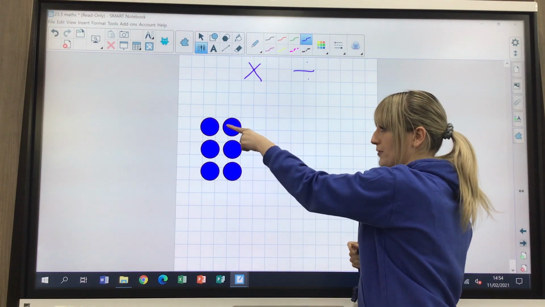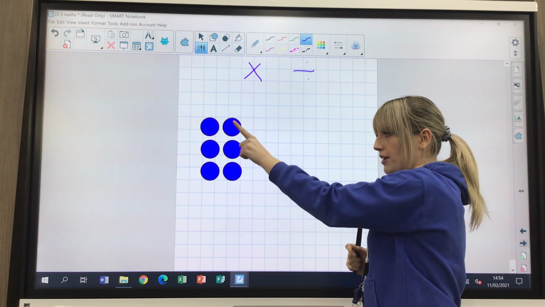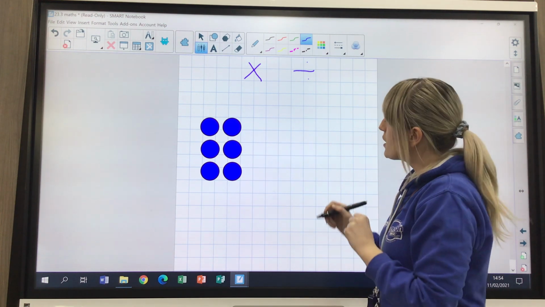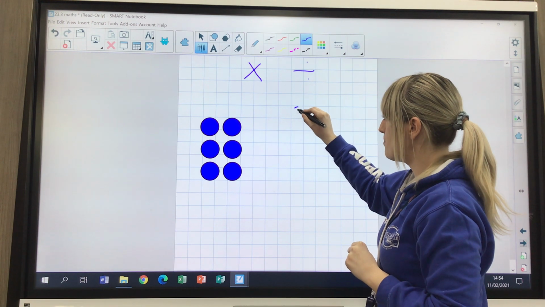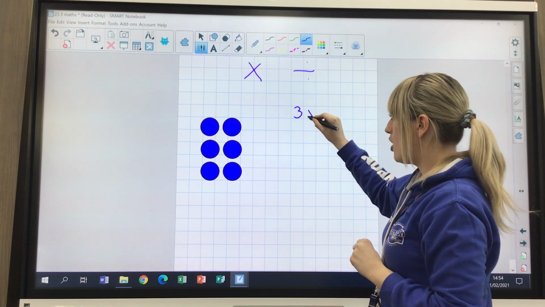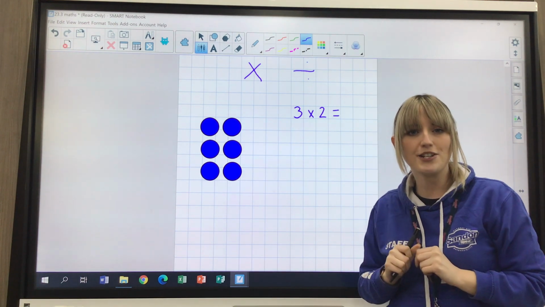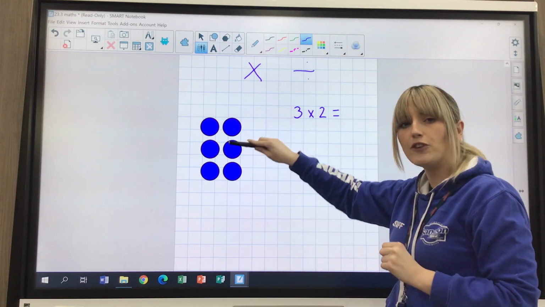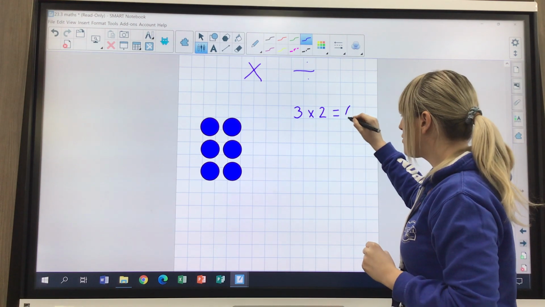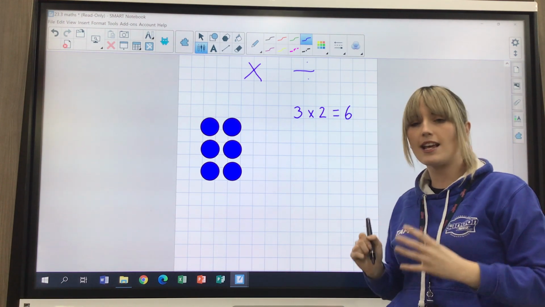So I've got 1 group of 2, 2 groups of 2, 3 groups of 2. So my first number sentence would be 3 lots of 2 equals, well, let's count in 2s, count with me, 2, 4, 6. So 3 lots of 2 is 6.